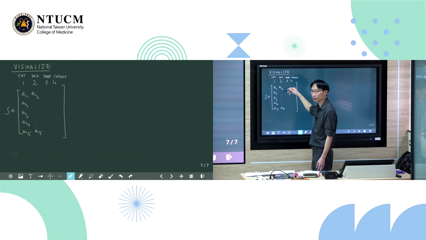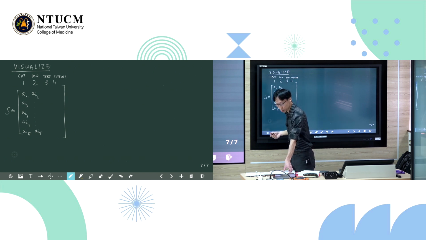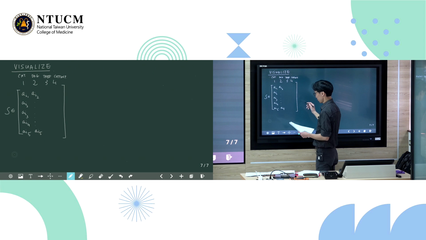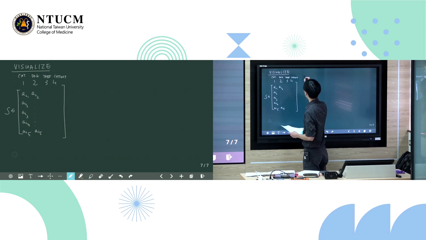That will allow me to define cat. Okay, so then if I do it this way, n of S is equal to 4 states, which is the length of S.